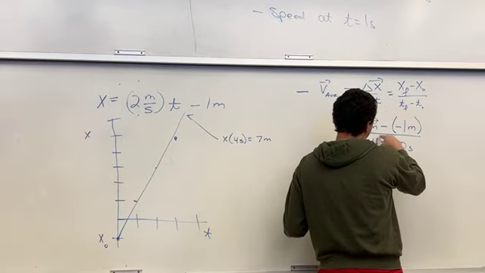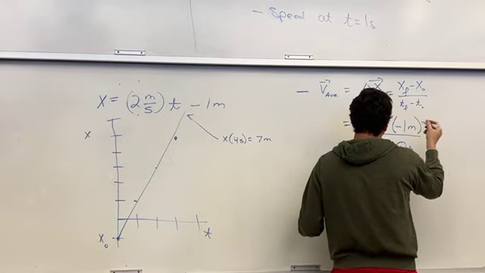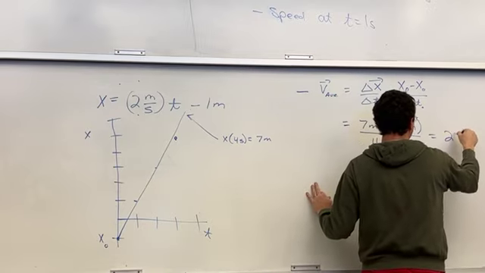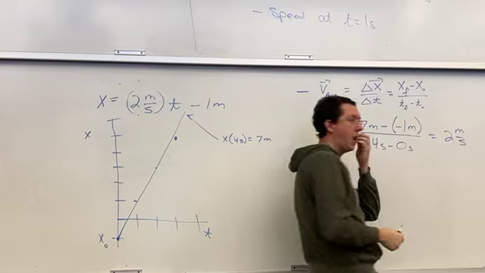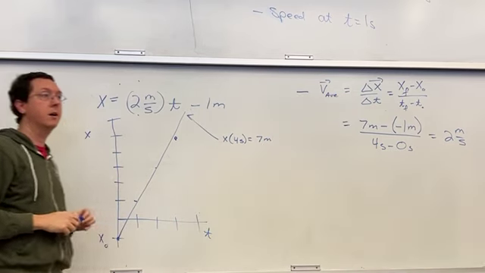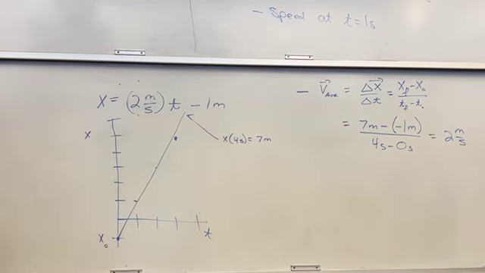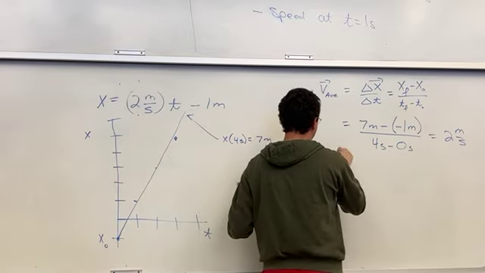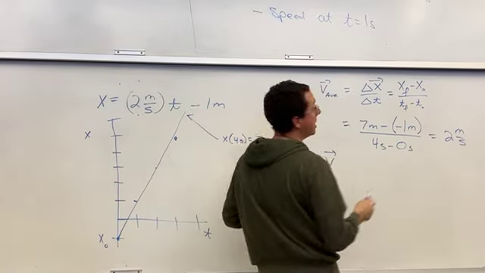This gives me 7 minus -1, that's 7 plus 1, it's 8, so that's going to be 2 meters per second. Okay? Was everybody able to unpack the definitions to see how it worked out? Okay? How about the instantaneous velocity at time equals 1 second?